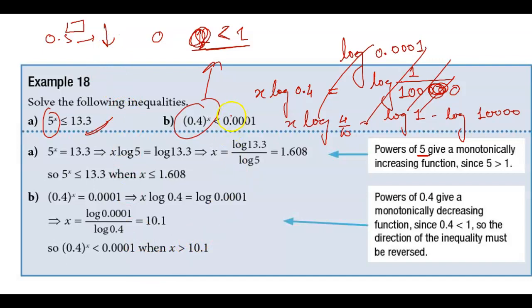Okay, value will decrease. So we are having 0.4 raised to power x must be less than 0.0001, right? So this x must be greater so that the function decreases. This x must be greater, right, children? This x must be greater so that the function decreases. Okay, so that's why we are writing x greater than 10.1.